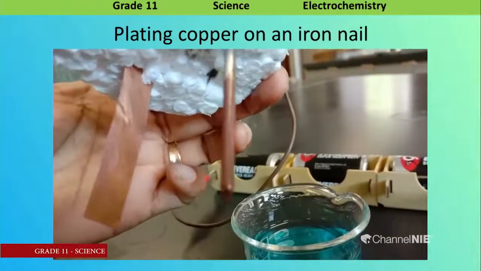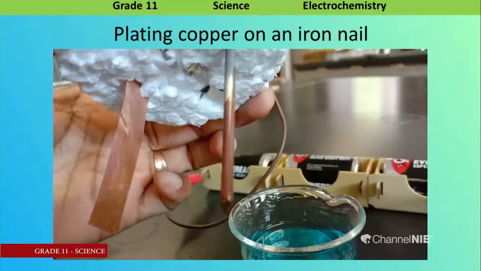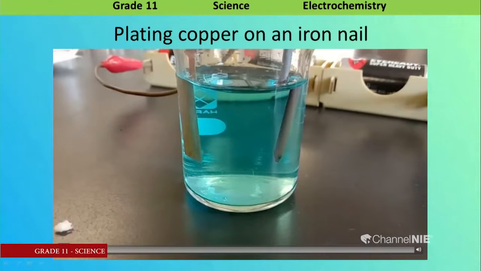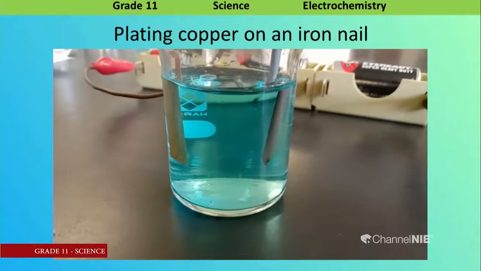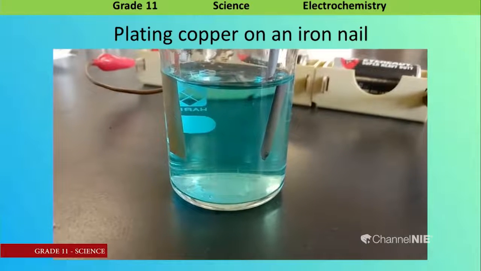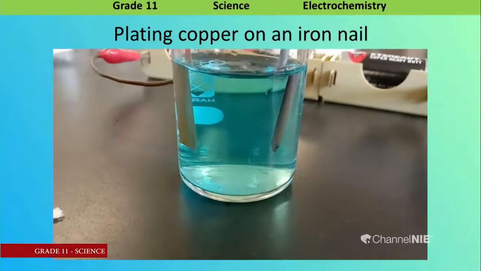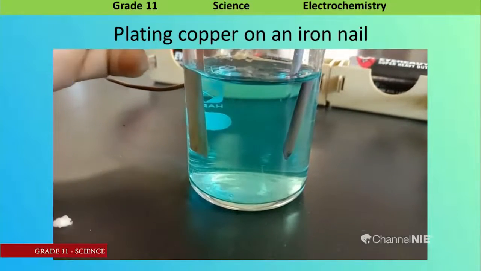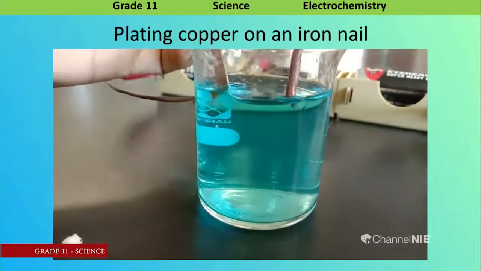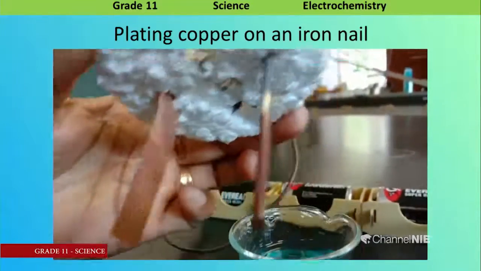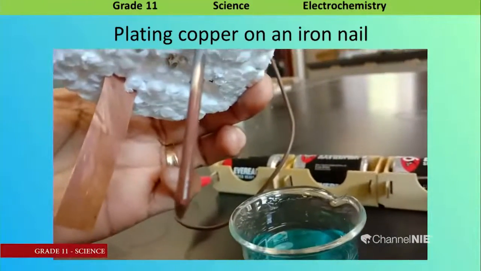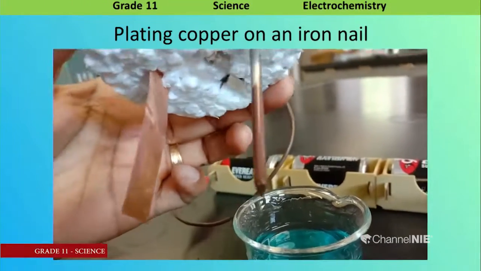Here you can see how the metal copper is plated on the iron nail. I will play this again. See, one electrode is a copper plate and as the cathode, the iron nail is placed, right? After a few minutes, you can see the iron nail has been plated with copper.